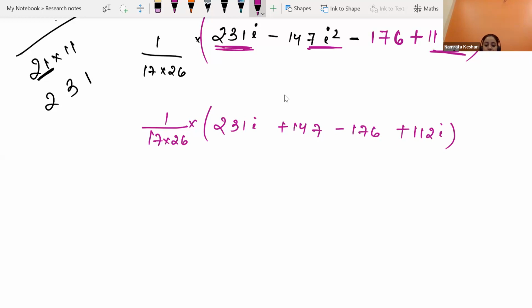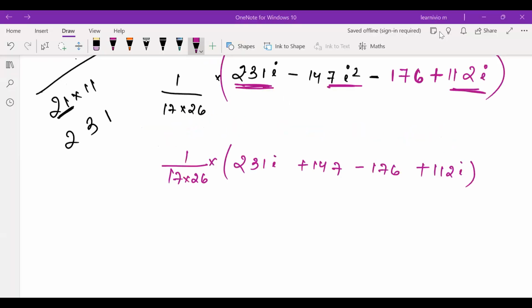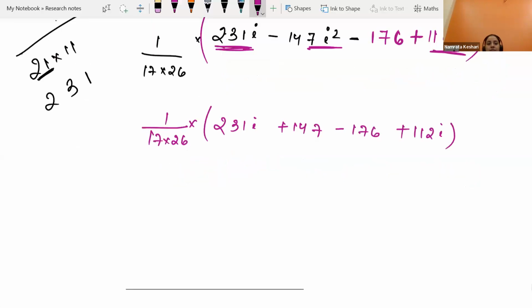Yes, what are you getting? 1 by 17 into 26 into (343i minus 29).